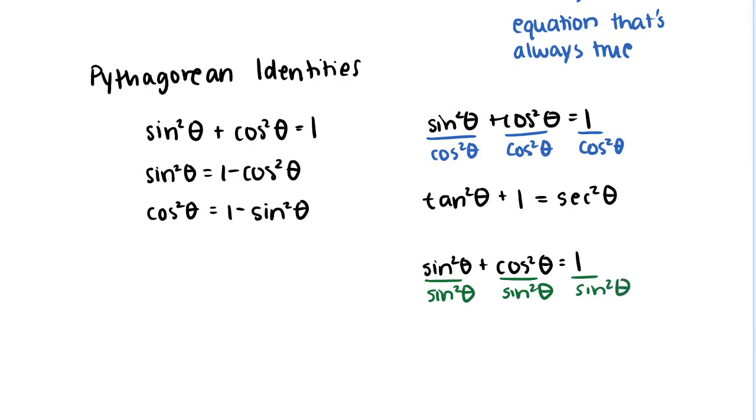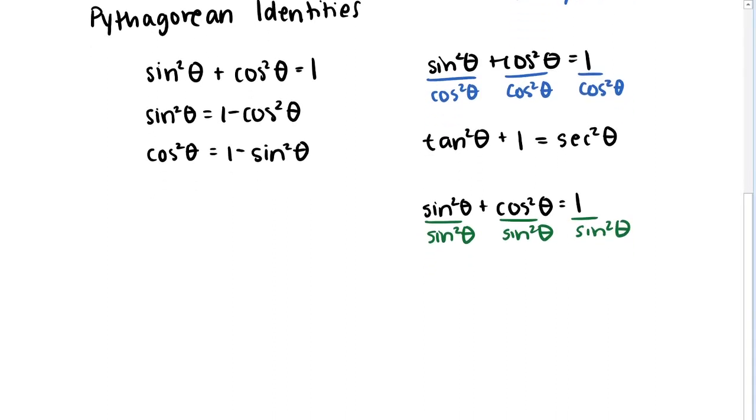Then sine squared of theta divided by sine squared of theta is 1. Cosine squared of theta divided by sine squared of theta is cotangent squared of theta, the reciprocal function of the tangent function, and that is equal to 1 over sine squared of theta, which is the same as cosecant squared of theta.